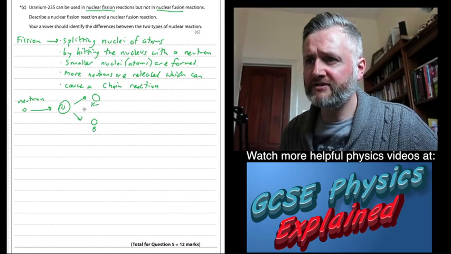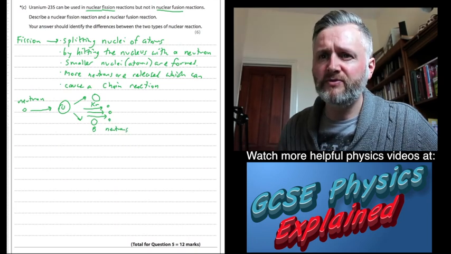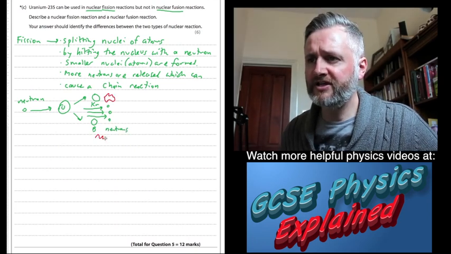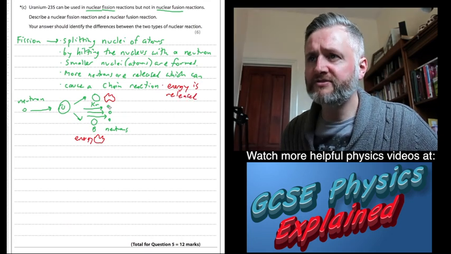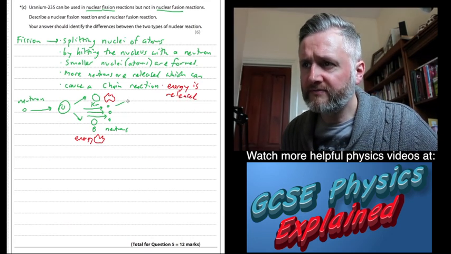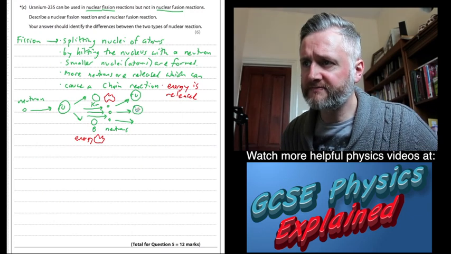Now this is the thing: 1, 2, 3 more little neutrons come out. By the way, energy gets released as well.